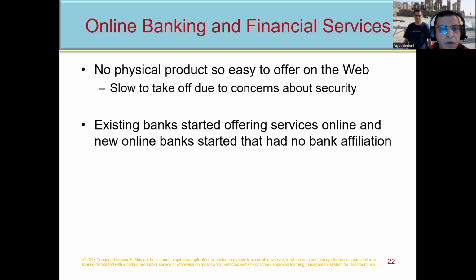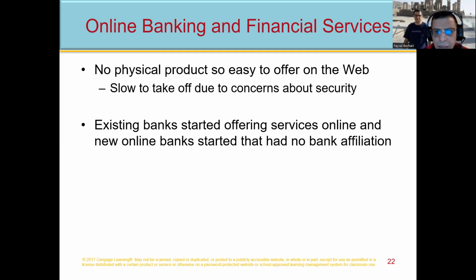And then you have online banking and financial services, which have no physical product. Neo Finance is one of them. Coho is one of them. No physical product, so it's easy to offer on the web. It was slow to take off due to concerns about security, because of financial and personal data.